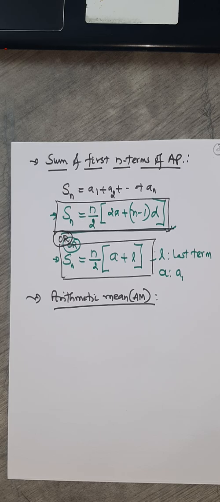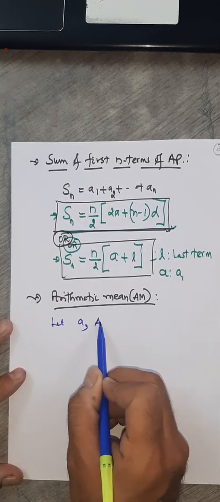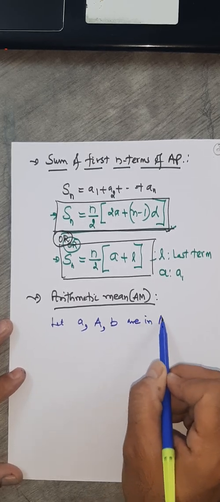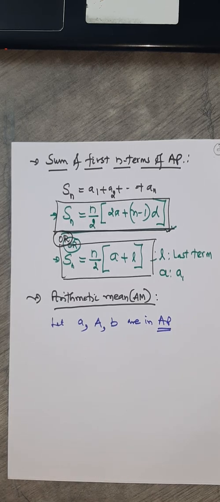So what we do, we take three numbers which are in arithmetic progression. Let a, big A, and small b be in AP. We have chosen three numbers in arithmetic progression. Then this middle number is called the AM of the other two numbers, right?